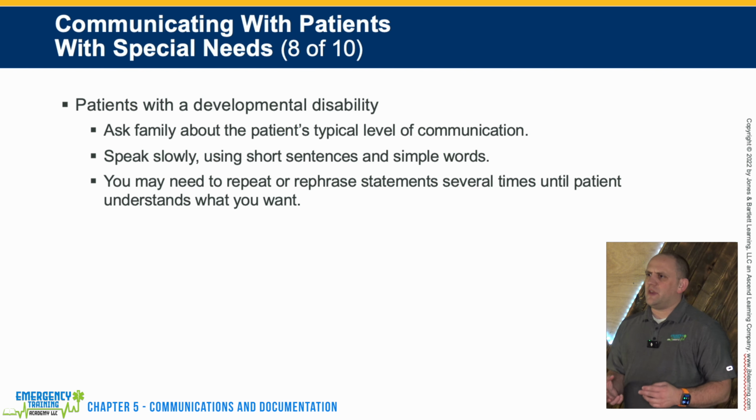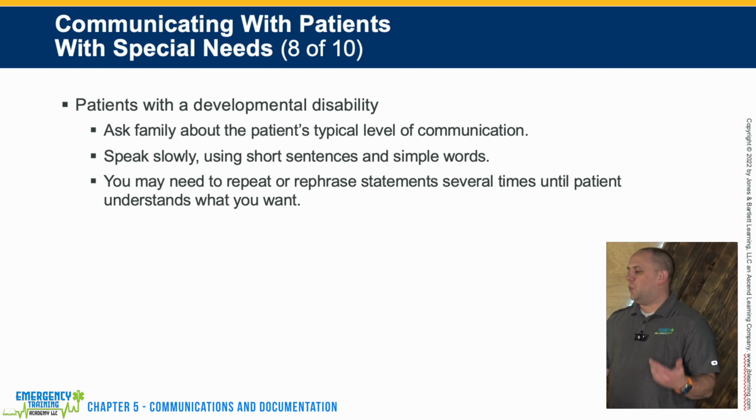The other important thing is use the patient's family to help with communication. Just like a non-English speaker, sometimes we need that interpreter, and the family members know the best way to communicate with them. So use them as bystanders, as interpreters, as people who can help you communicate clearly with these patients that have developmental disabilities.